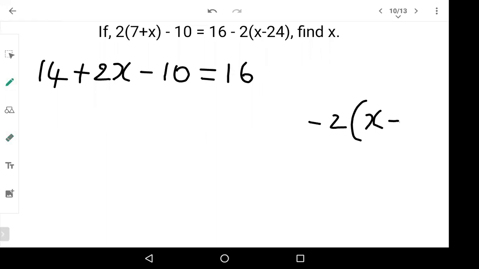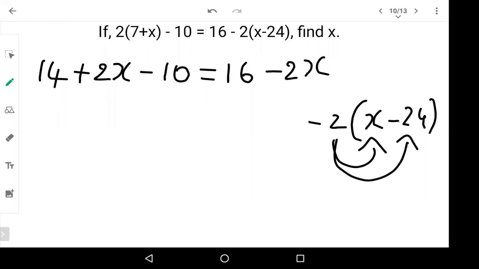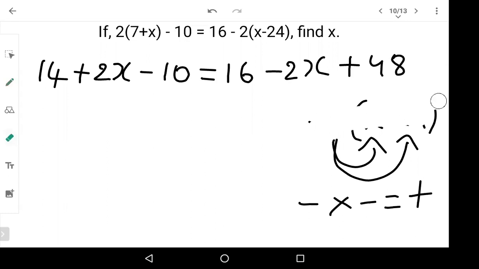So minus 2 into x will give us minus 2x. Okay. And then minus 2 into minus 24. Minus into minus is nothing but plus. So minus into minus is plus. 2 into 24 is 48. Okay. So that will be our step number 1.